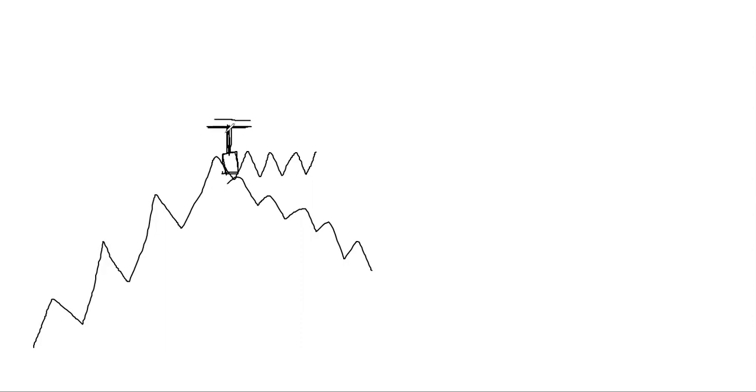The price may come till here, but this wick clearly says that the price will not go above it. So this is the first thing that you assume and want: if this pattern is formed, the price must go downside. Since this was an uptrend, now it should go into a downtrend. So this is the first case that you assume.